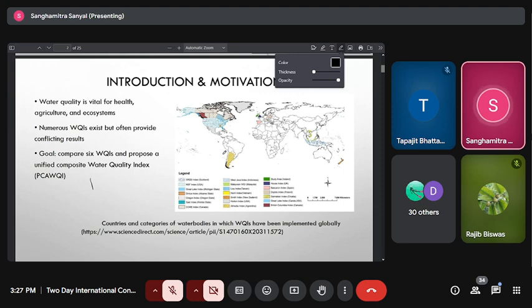We can have physico-chemical parameters, biological parameters, etc. And the idea is we combine the knowledge from all of this into a single number, and that number is basically our water quality index.